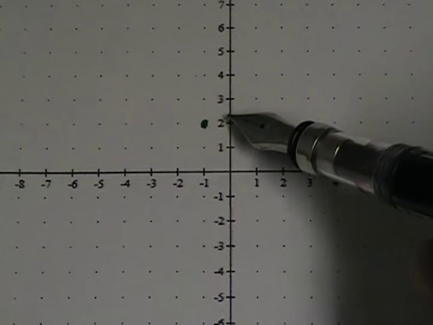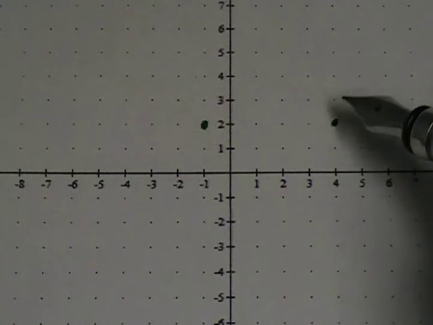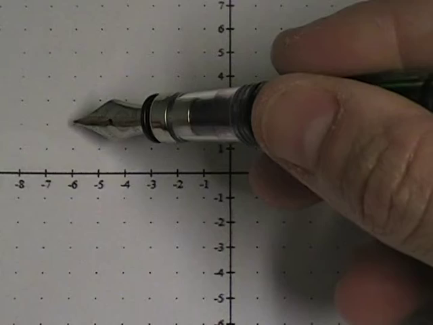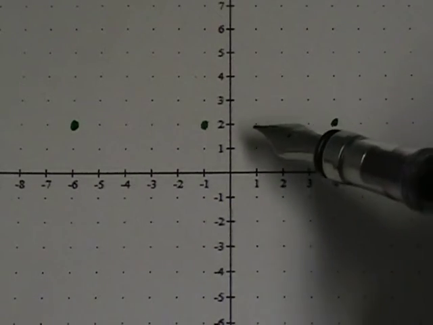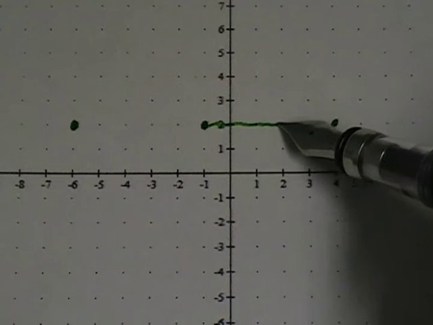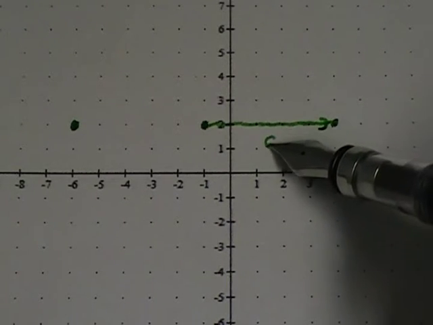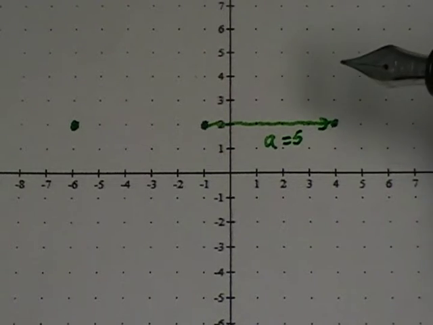What that means is you're going to go 1, 2, 3, 4, 5 units, and 1, 2, 3, 4, 5 units. I can mark that on here, a equals 5, the semi-major axis.